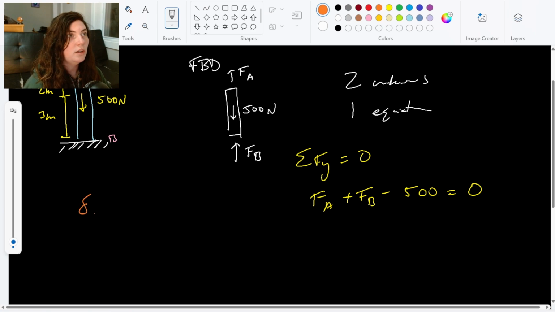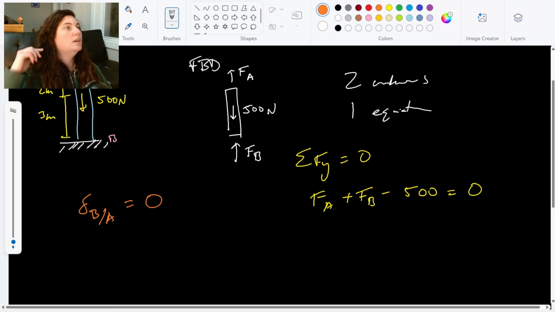We know that delta B with respect to A has to be 0 because it's touching that wall. The wall's not moving. The wall's not going anywhere. So that pipe can't go anywhere. There's no extra room for it to move. Displacement has to be 0.